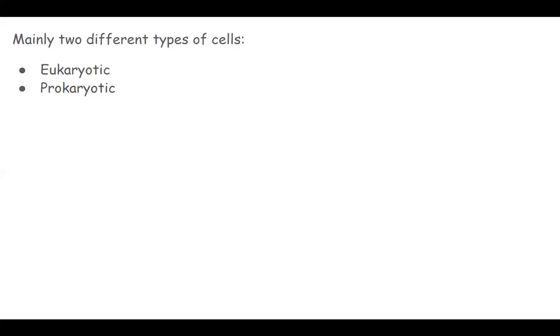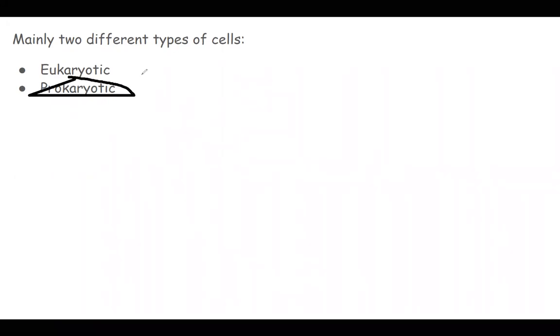Before we continue, I wanted to say one thing. Even though a prokaryotic cell is pretty basic, because we'll be learning just the basics of its anatomy, eukaryotic cells are then separated into two more categories, and now it's getting more and more complex.